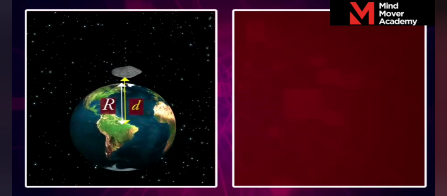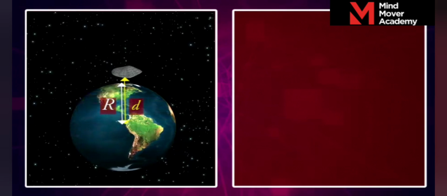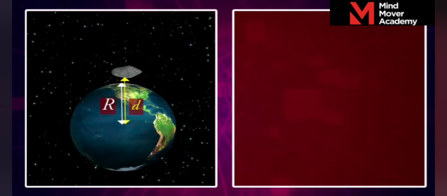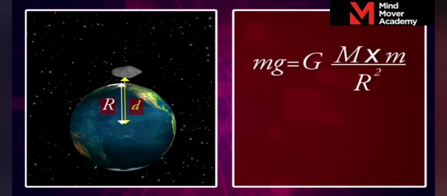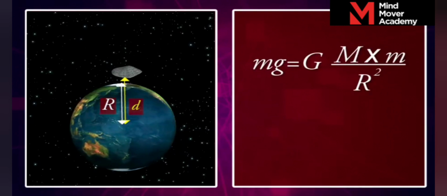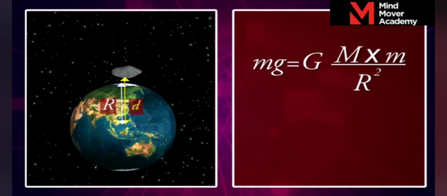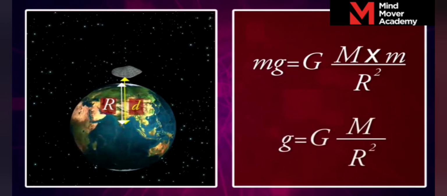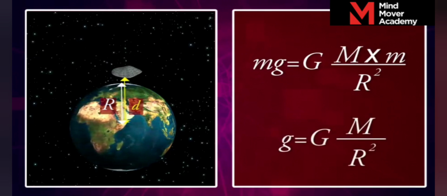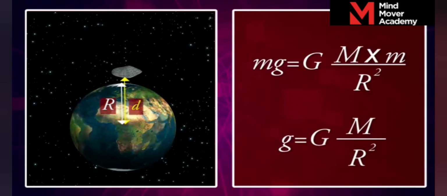Thus, for an object on or near the surface of the Earth, mg is equal to G into M upon R square, so g is equal to G into M upon R square.